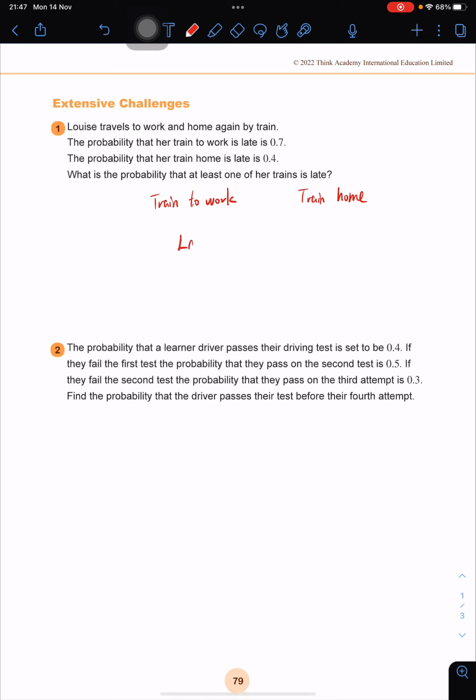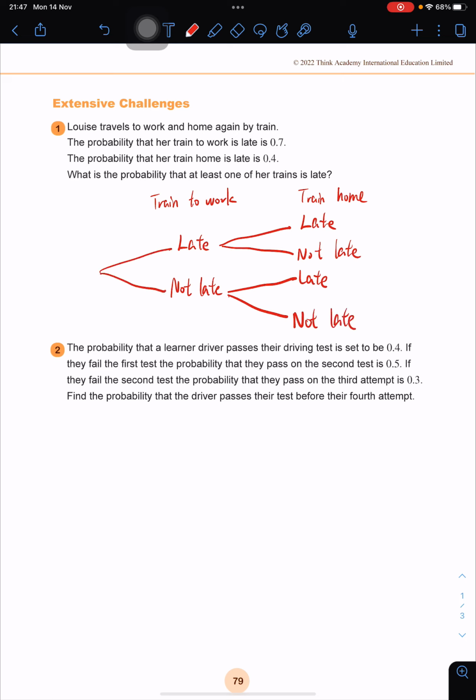We have two different possibilities for the train to work: one of them is late, the other is not late. And the same goes for the train home. So we can derive the branches late, not late, followed by late, not late. All right, so that's the tree that we have.